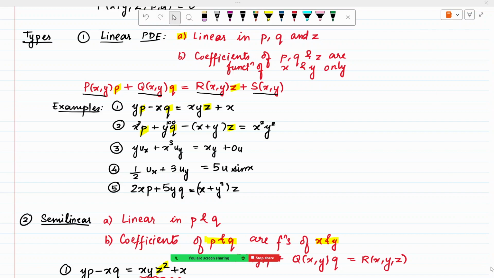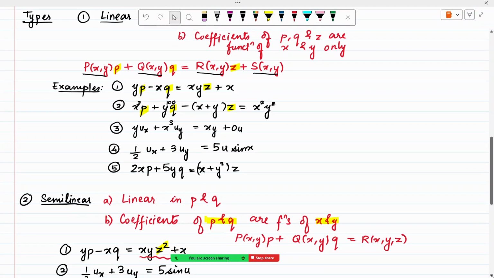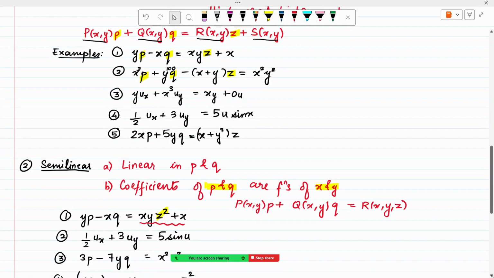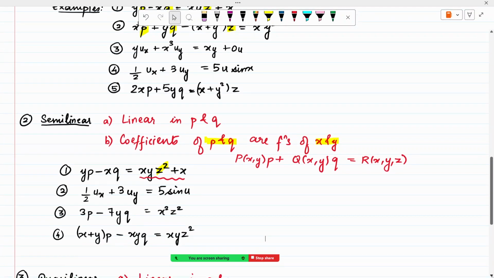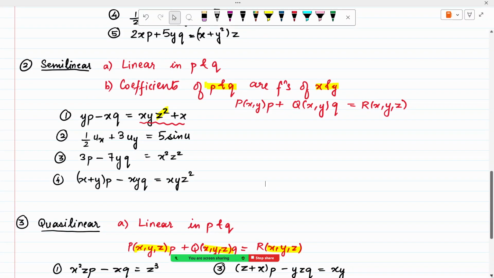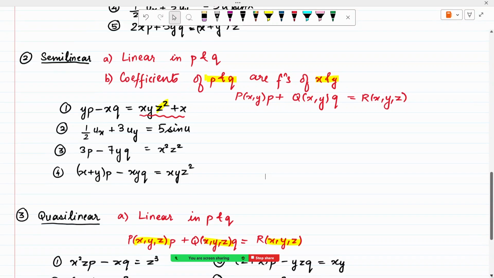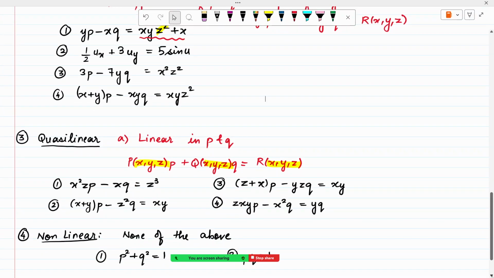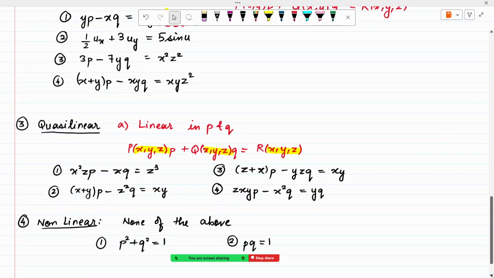Coming to the semi-linear, the z is dropped from the linear condition. You can have any power of z, but p and q should be linear and coefficients of p and q are allowed to be functions of x and y alone. When we talk about quasi-linear, p and q should be linear, but the functions can have a z now. And lastly, non-linear has no condition of linearity on p and q.